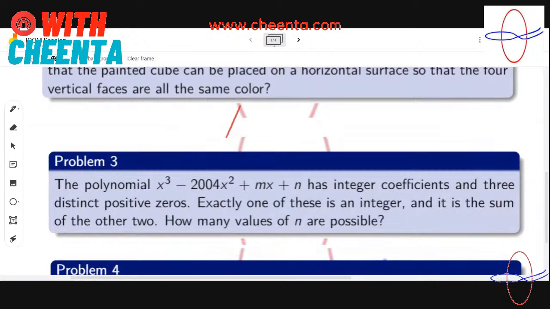The polynomial x cube minus 2004 x square plus mx plus n has integer coefficients and 3 positive distinct zeros. So how will you approach this problem? One of them is an integer and it's the sum of the other two. So how many possible values of n are really possible?